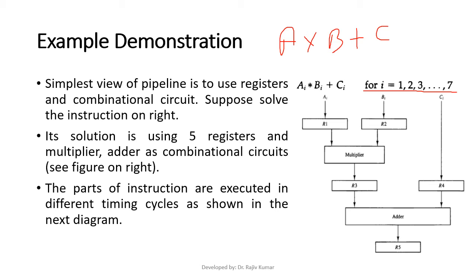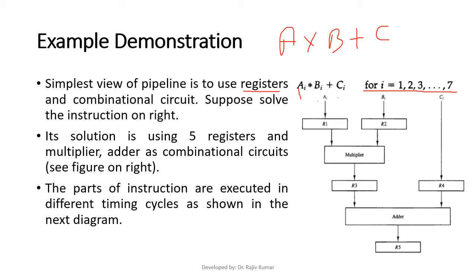For each iteration we have to give different values A1, B1, C1, similarly A2, B2, C2, etc. In a computer system, these values are generally stored in registers. So to demonstrate pipelining, we will be using registers.